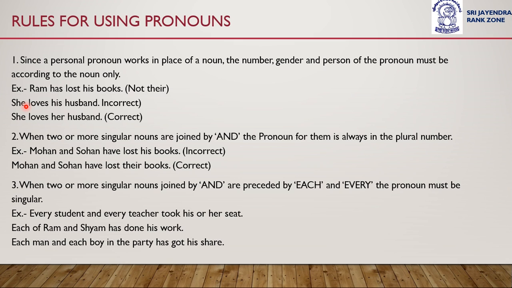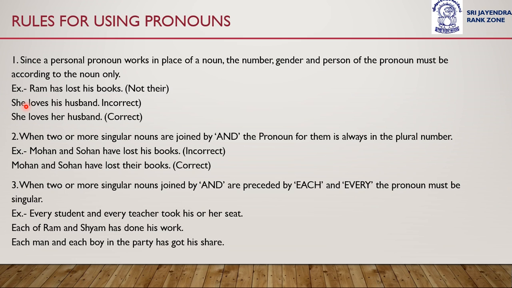Let us move on to the third rule. When two or more singular nouns joined by "and" are preceded by each and every, the pronoun must be singular. You might have noticed in the previous sentence when two singular nouns were joined by and but they were not preceded by anything, the plural form of pronoun was used.